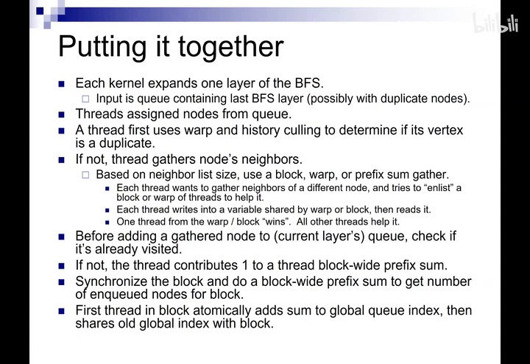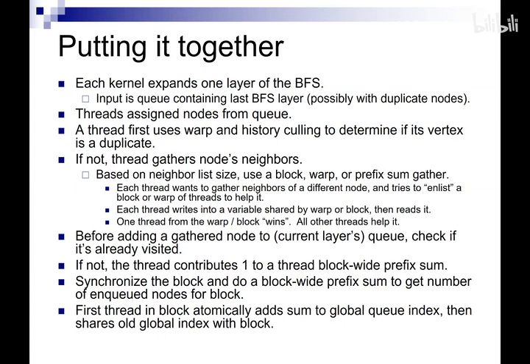After we compute how many total spots we need for this entire block of threads, we're going to take one thread, and that thread is going to write to a global value which keeps track of the global queue's size. For example, if this block wants to reserve 2,000 locations for its neighbors, then one thread in the block increments the global queue size by 2,000.